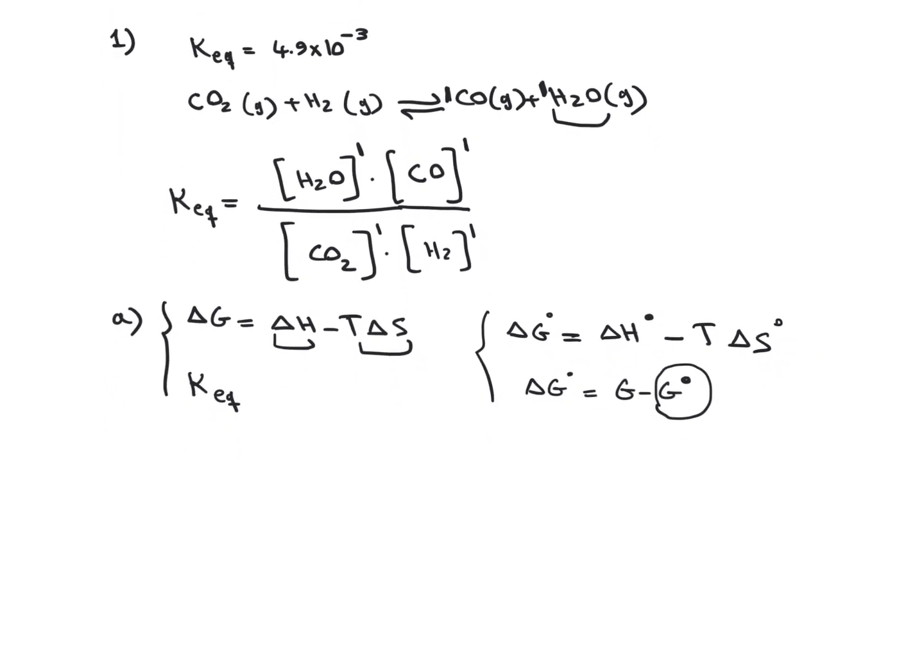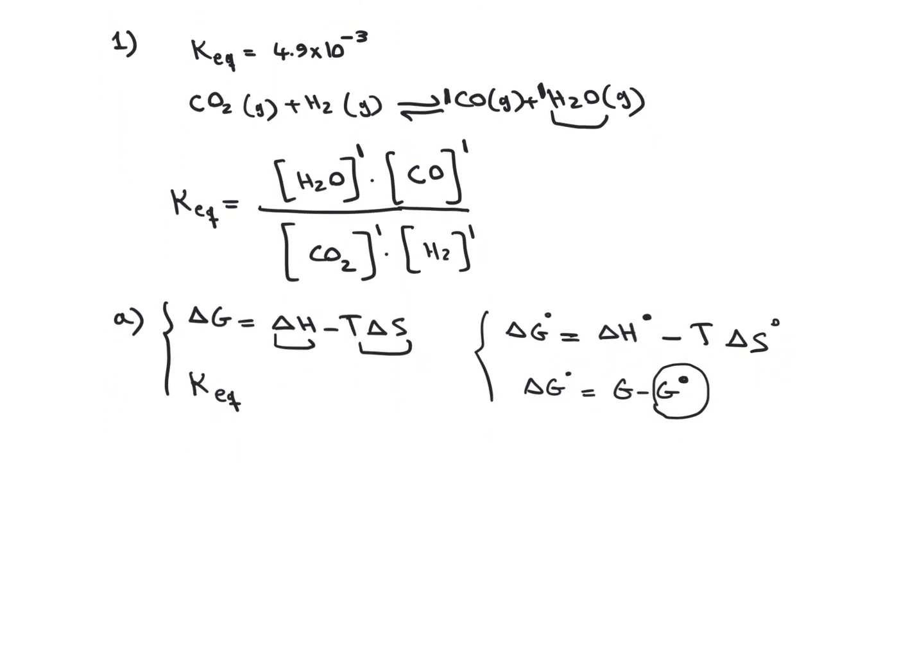And we're not solving problems regarding these specific standard conditions because I didn't want to go into too much detail into these concepts. But also delta H0 equals H minus H0, and most books define standard conditions like room temperature and pressure of 1 atmosphere. And also delta S0 equals S minus S0.